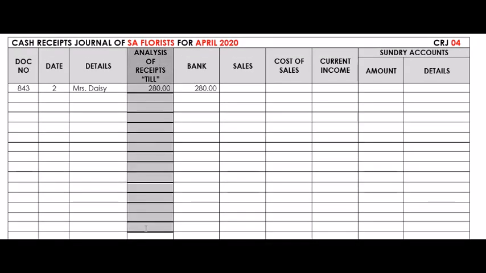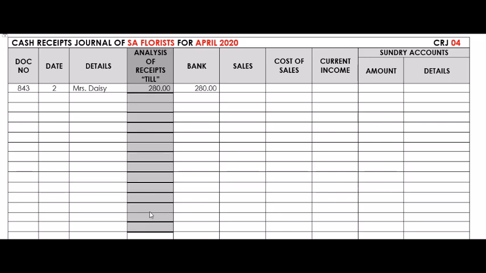I always refer to the analysis of receipts column as your till. I want you to picture it like the till or the cash register in a shop. The moment someone comes into the shop and pays you money, you put it in the cash register. Only at the end of the day, you cash up your cash register. In other words, you count all of the money that you have earned for the entire day.